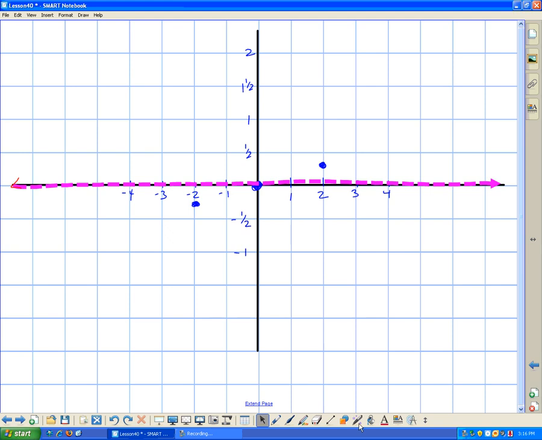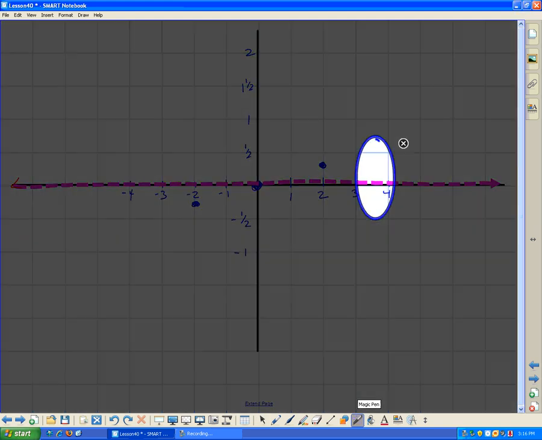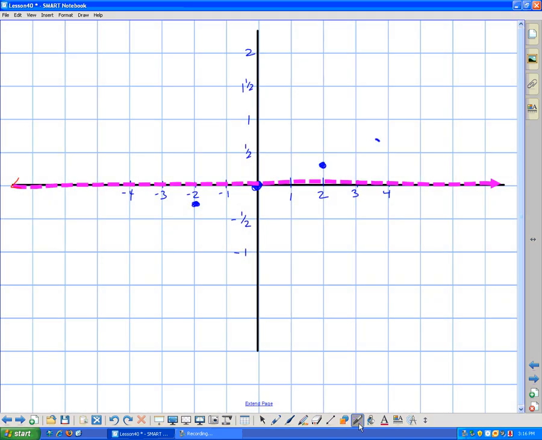At positive 3.5, right here in this region, it changes concavity. You know that this is a max or a min. I'm going to guess that this is a max, because its counterpart is below.